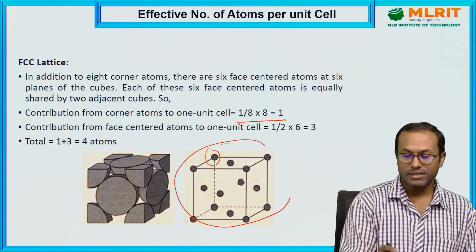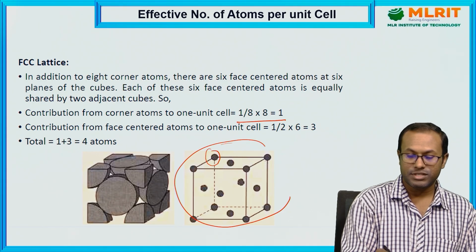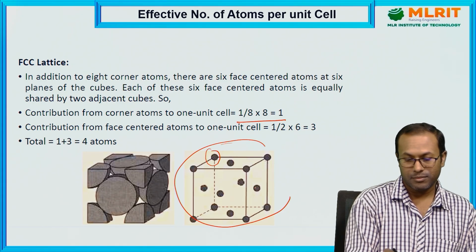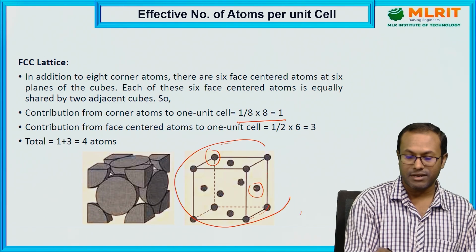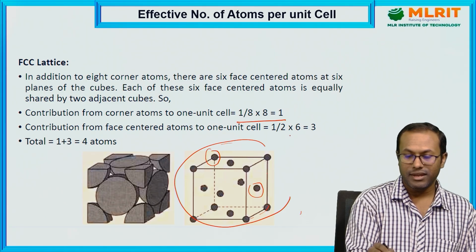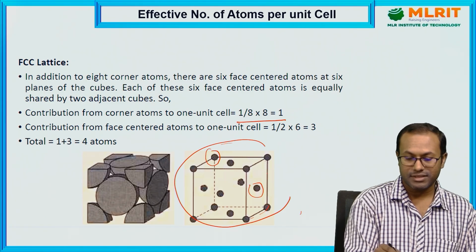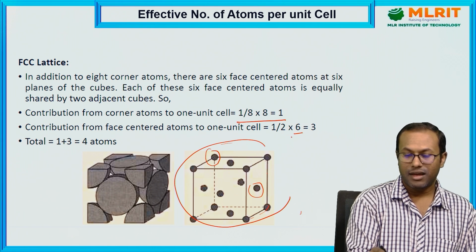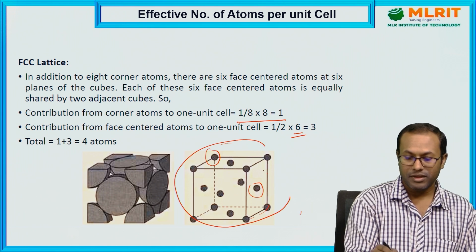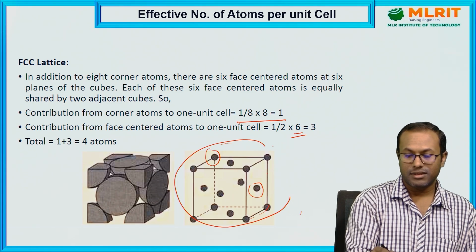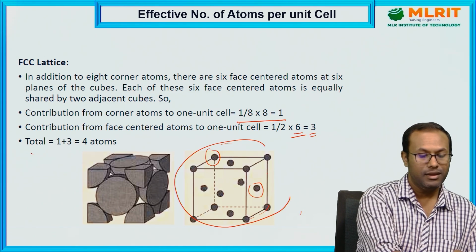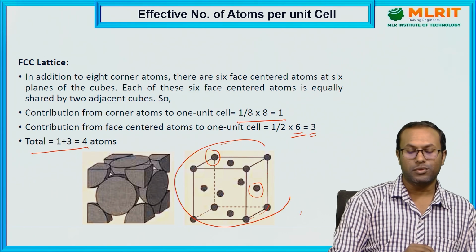Each face plane is shared by 2 consecutive cubes. Suppose there is another cube on this side; this face is common to 2 cubes, so these atoms are shared by 2 cubes. There are 6 face atoms in total, and each is shared by 2 cubes, so it is half into 6, which gives 3.